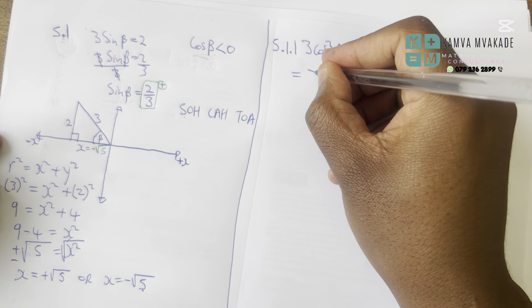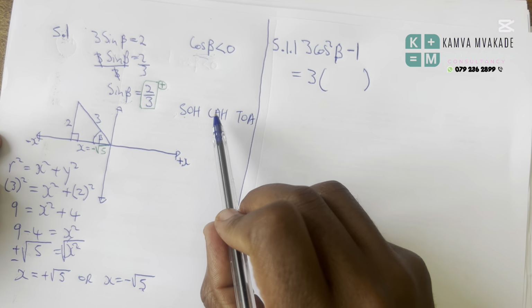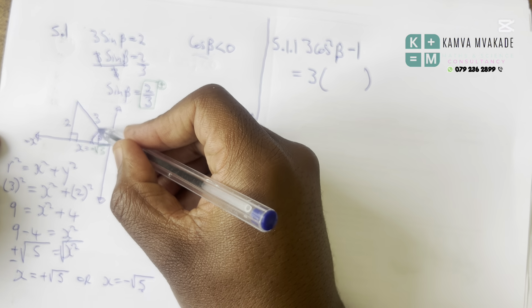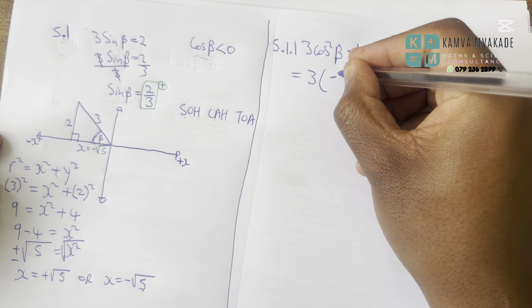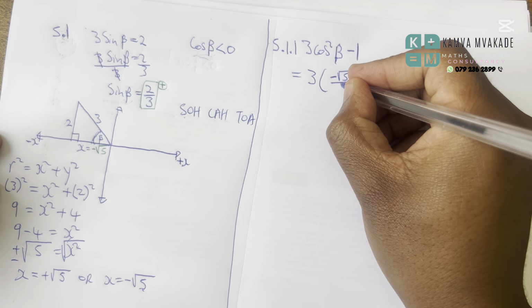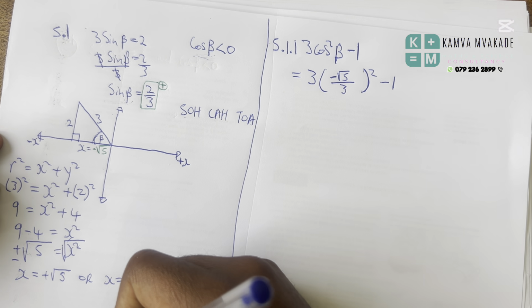Now this is going to be equal to 3 times cos. What is cos? Adjacent over hypotenuse. Adjacent to this angle is negative root 5 over 3, all squared, minus 1.